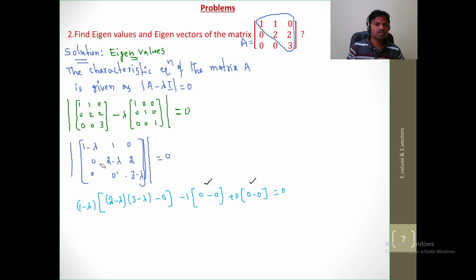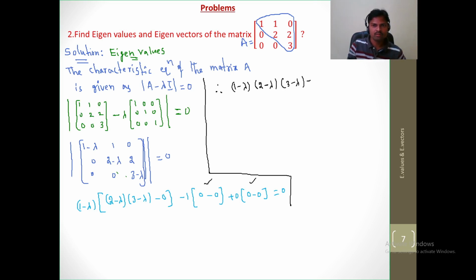Now the resultant determinant is, let us simplify this: (1 minus lambda) into (2 minus lambda) into (3 minus lambda) equals 0. Now let us take minus 1 common from all three terms, so you get minus of (lambda minus 1)(lambda minus 2)(lambda minus 3) equals 0.